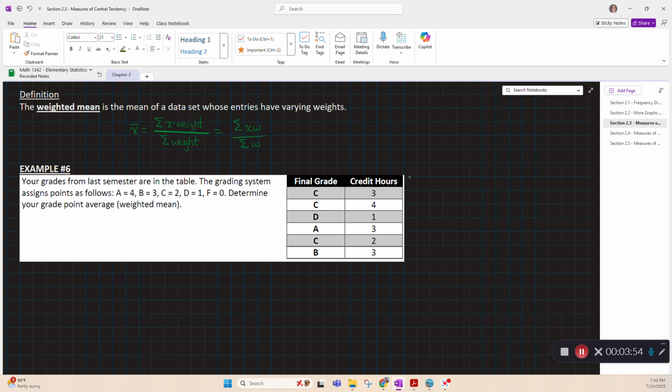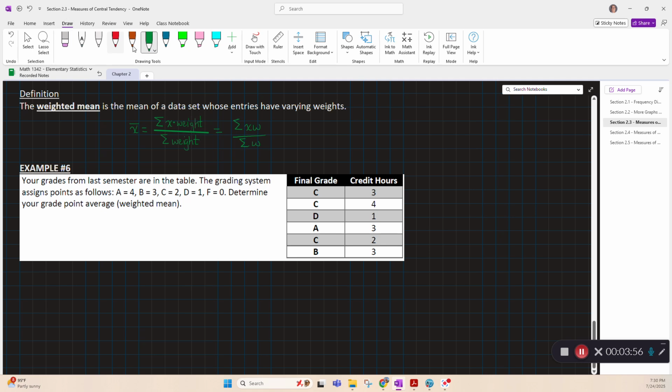The points are given in the problem, so I'm going to extend this table. A C gets you 2 points. A D gets you 1 point. A gets you 4 points. C gets you 2 points.